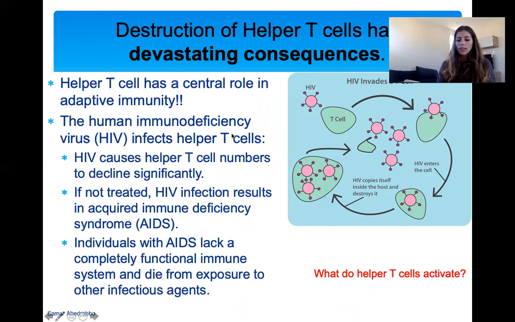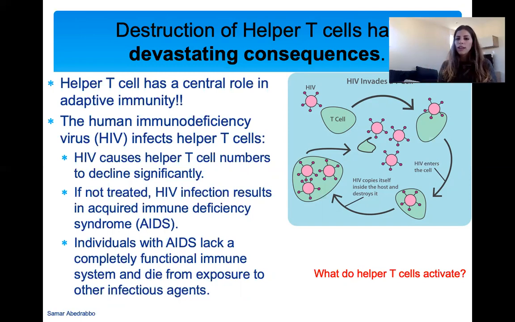Remember how when we talked about adaptive immunity, we said all adaptive immunity, whether that's humoral immunity or cellular immunity, is activated by helper T cells. Well, if you have a virus that's infecting helper T cells and causing them to die, you will no longer have humoral immunity and you'll no longer have cellular immunity.